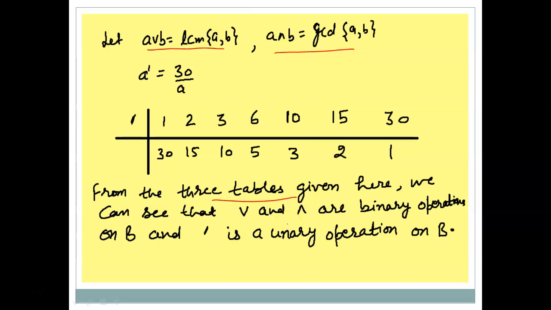Now let us see the properties of Boolean algebra, because if you want to show that this B is a Boolean algebra, what are the requirements? The first thing is that there should be two binary operations defined on the set B, and there must be a unary operation defined on the set B, and the elements of set B must satisfy four axioms or four properties.